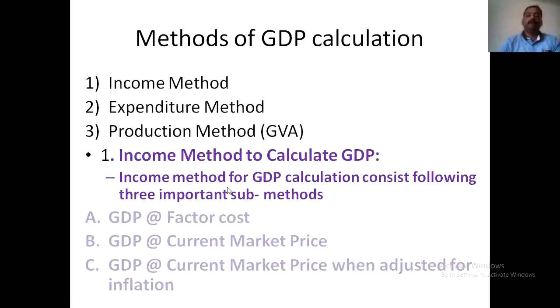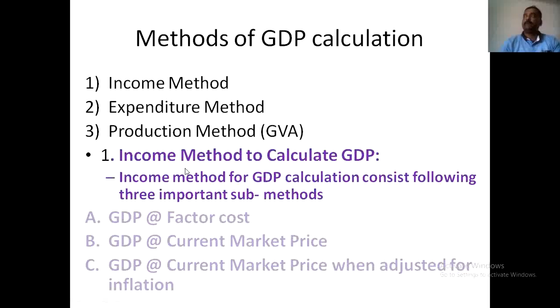Now, the income method for GDP calculation consists basically of the following three important sub-methods or sub-factors. Okay. So which are those factors? One is GDP at factor cost. Means by using national income, we can calculate GDP at factor cost.